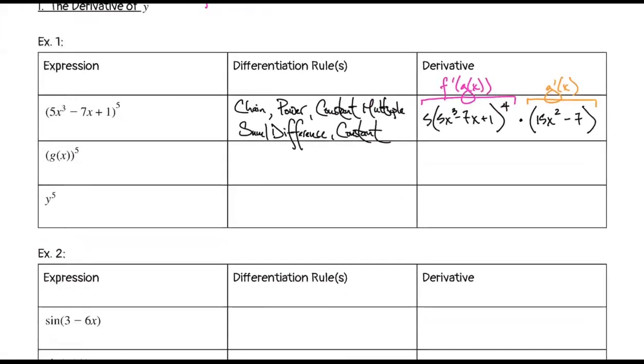Really great job recognizing when we can use chain rule, and listing all these other rules. Part of that's for vocabulary, and part of that is just so we really connect the ideas of what rules we're using and when we use them.